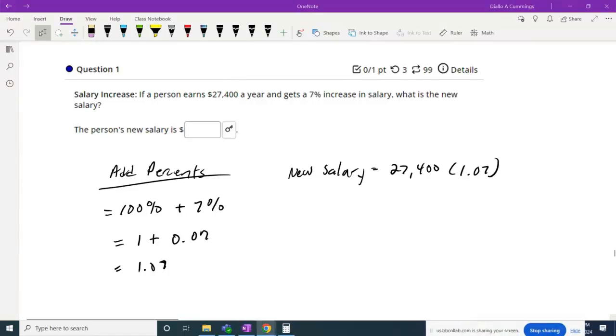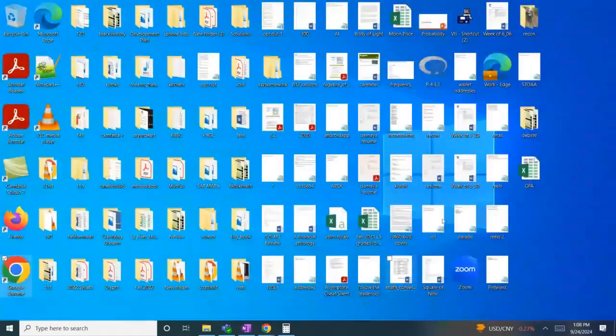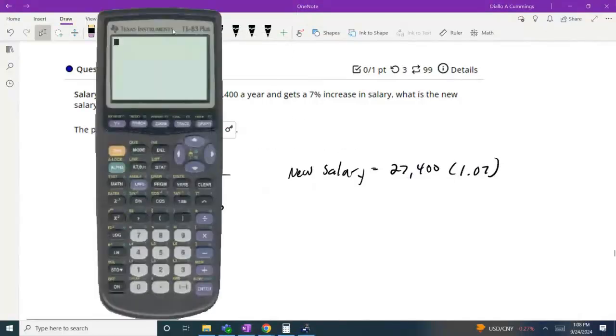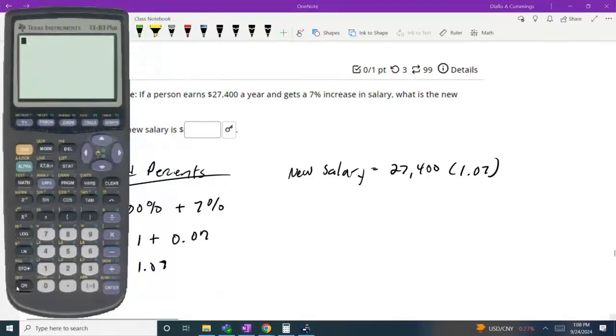So if we multiply the 27,400 times 1.07, that gives us $29,318. Okay. So you can add percents.